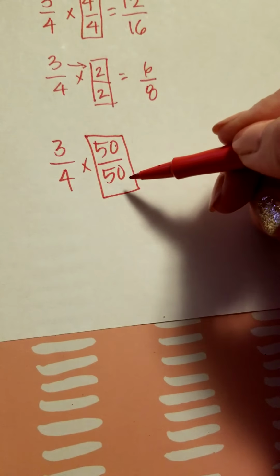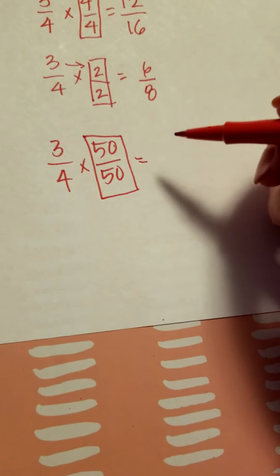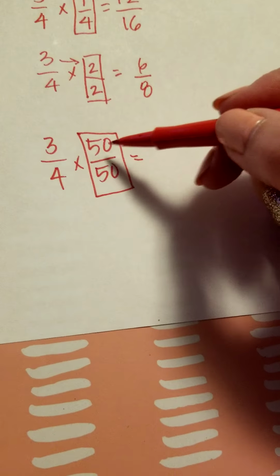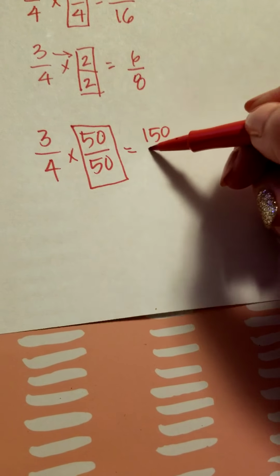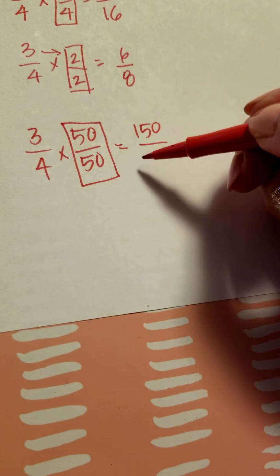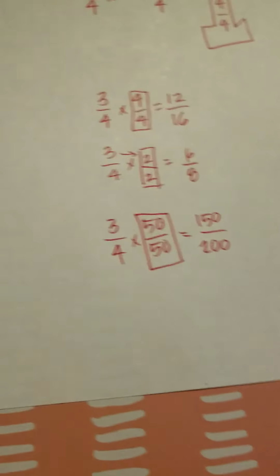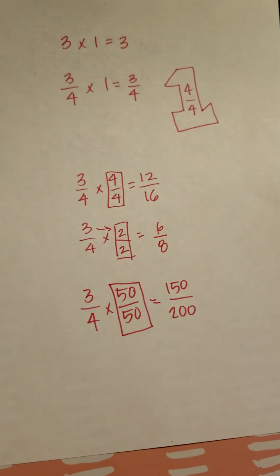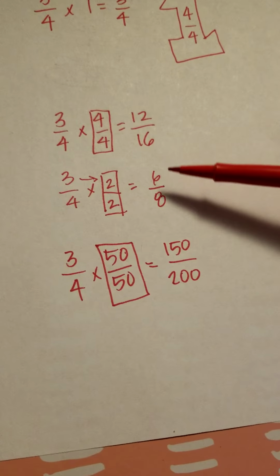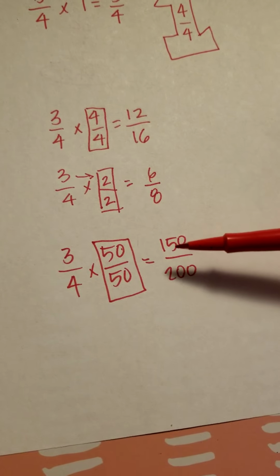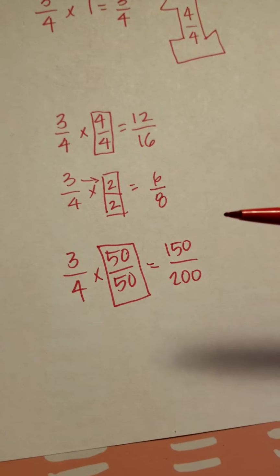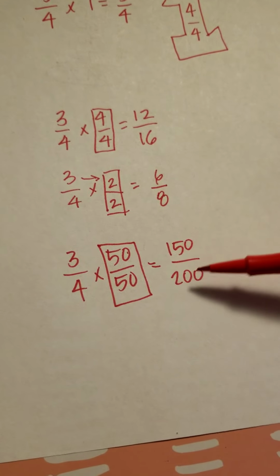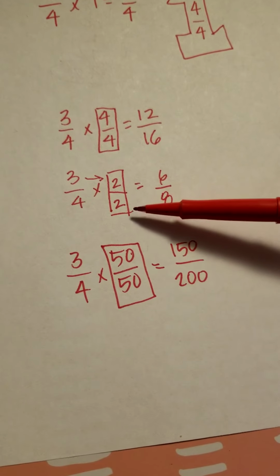It's still 3/4 times 1, so my answer is going to be 3/4. We're just renaming it. So 3 times 50 is 150. 4 times 50 is 200. So 150 over 200 is also equivalent. All of these equivalent fractions are just another way to rename 3/4. It's the same exact value. We just multiplied by 1.